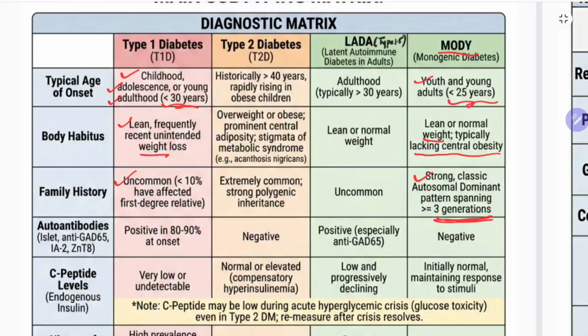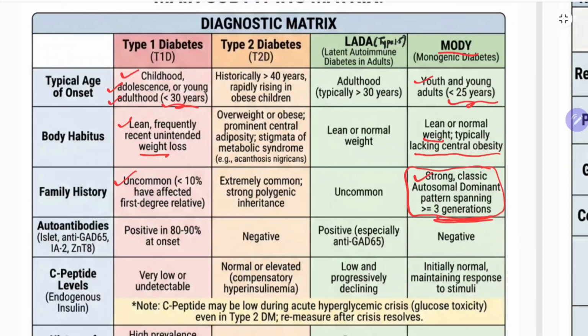At least 3 consecutive generations, in a successive manner, with no gap. So at least 3 generations, one individual in the family will have diabetes at a young age. This is a very important history in MODY.